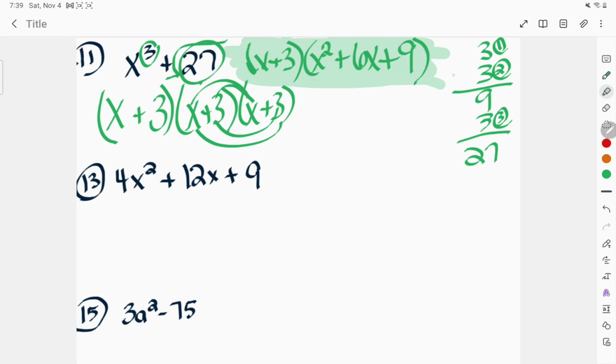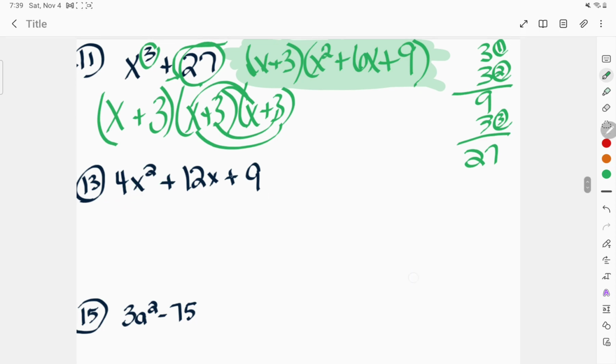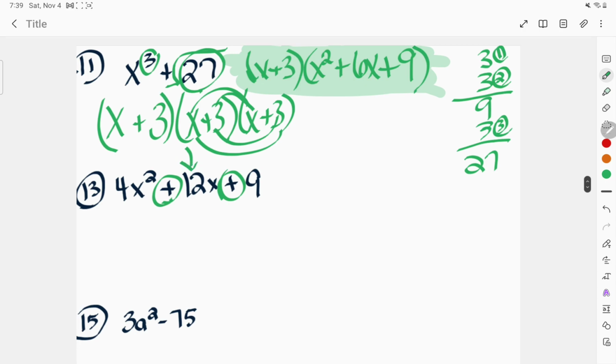So again, this is all factoring. This is all review of Algebra 1. So I'm going to move quickly through these. And if you don't understand one, just pause it, rewind it, start over, see if you can't figure it out, okay? So here we're needing factors of 4 and factors of 9 when added together give us 12.